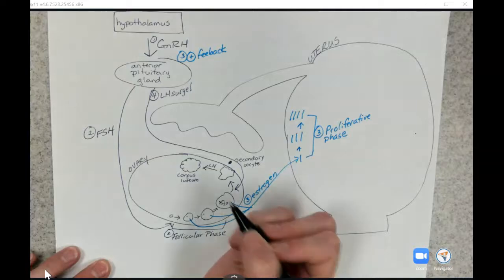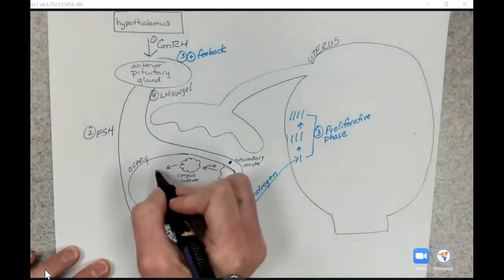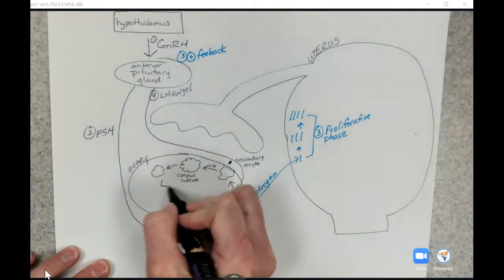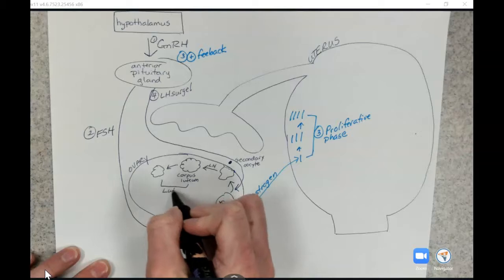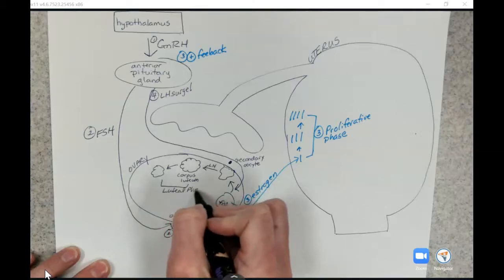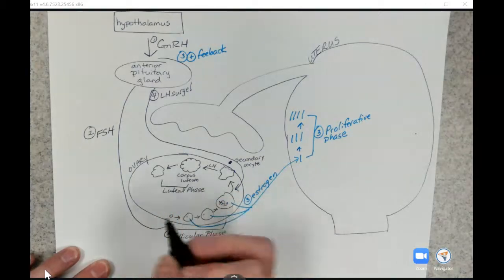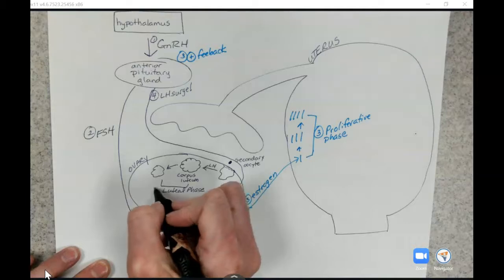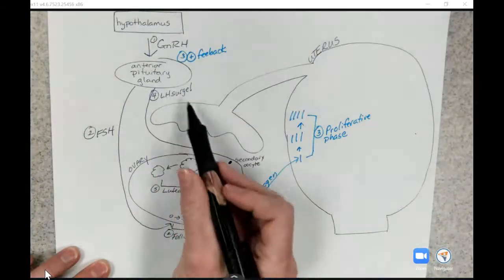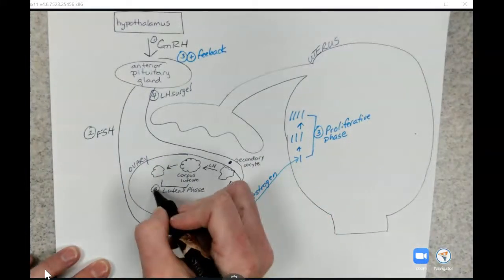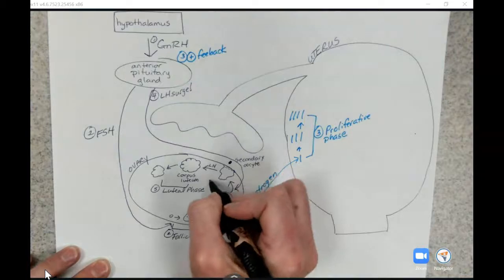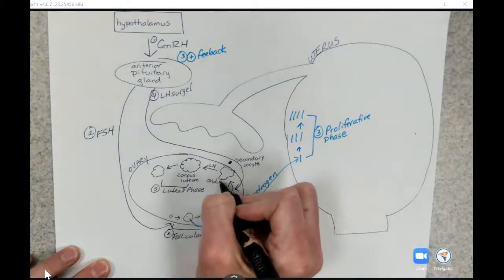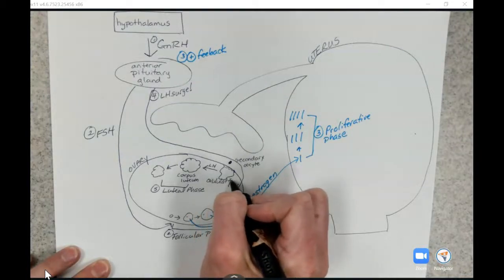All right, so we're now moving into what is called the luteal phase. So your luteal phase, I'm going to put it here so you can keep things in order. LH surge, oops, I think I might have messed up my number there. I forgot to write ovulation here. I'm sorry, I didn't actually, I said it, ovulation.